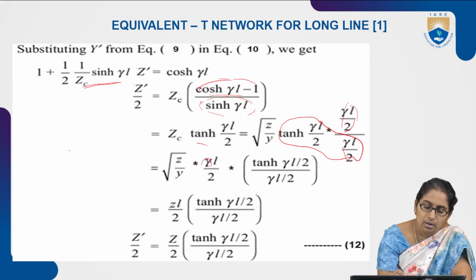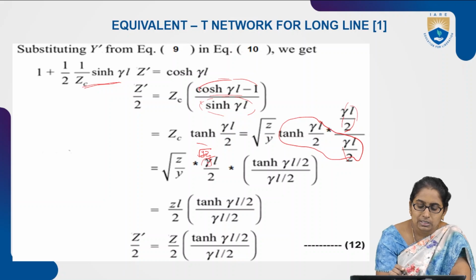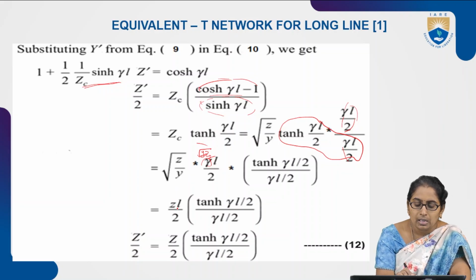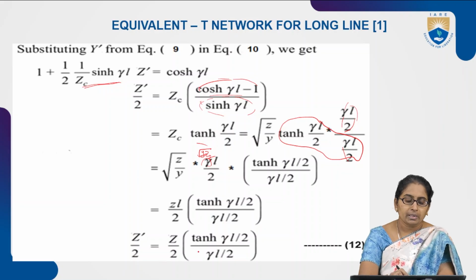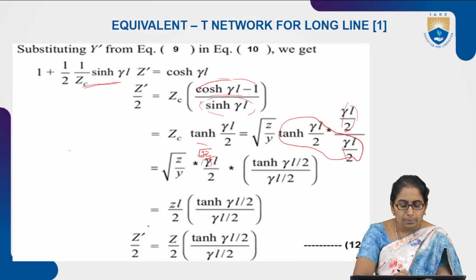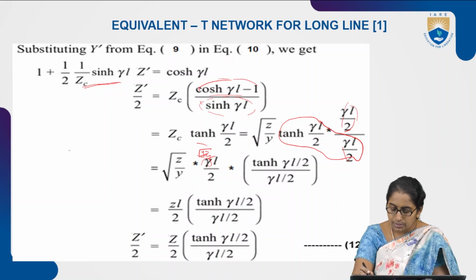Gamma is square root of yz. So y gets cancelled, and small z into small z under root becomes z, small z into L becomes capital Z. So Z dash by 2 is given by Z by 2 into tanh gamma L by 2 by gamma L by 2.